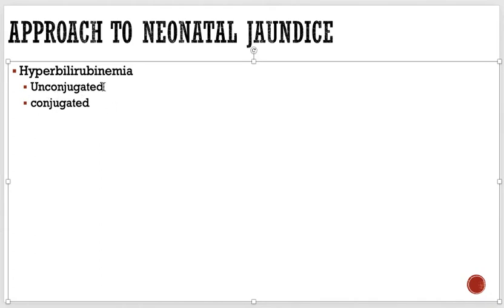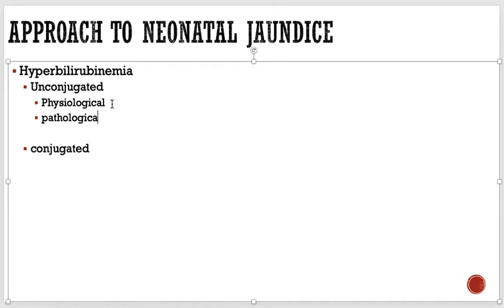So first of all, I'm going to discuss the unconjugated one. Unconjugated hyperbilirubinemia could have just two causes. Either it is physiological, which is the most common and most important, seen in almost 60% of term babies, or it could be pathological.